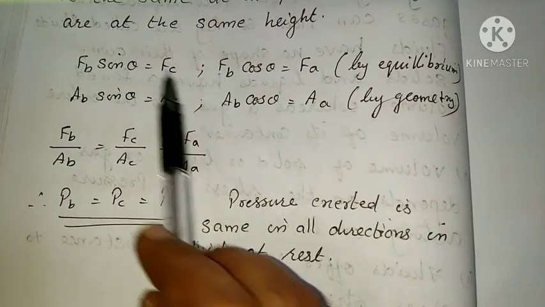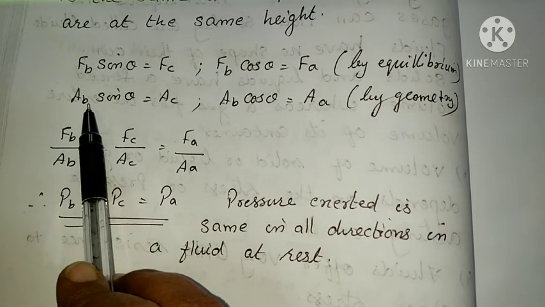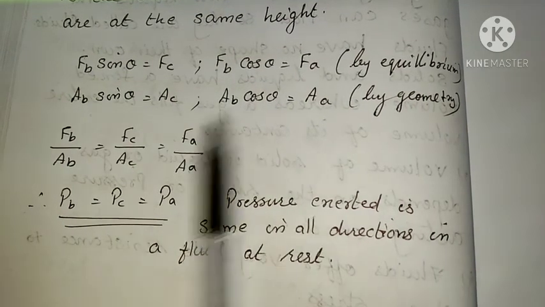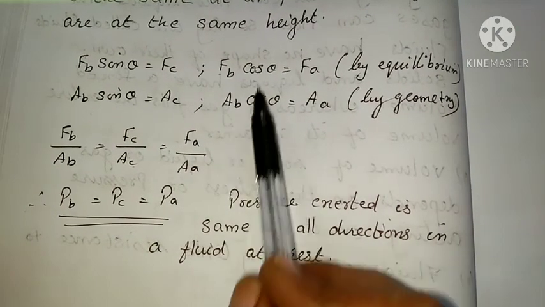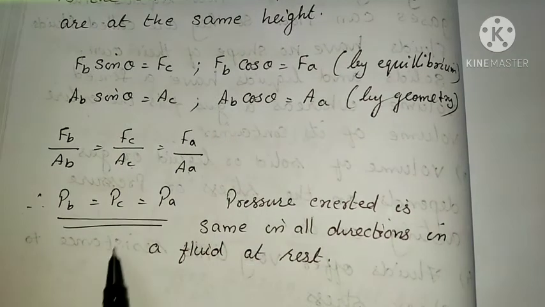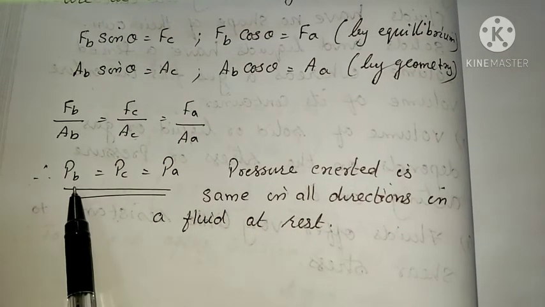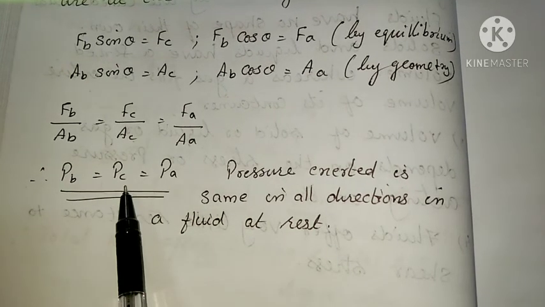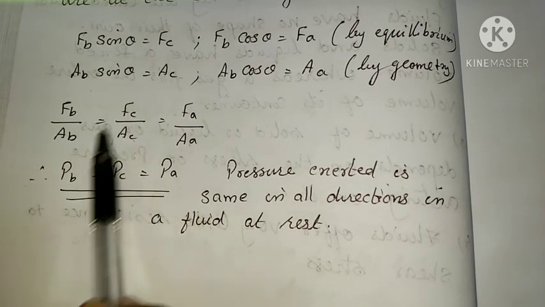So, from these equations, we can write FB by AB equal to FC by AC, which is also equal to FA by AA, because the cos thetas and sin thetas will cancel. So, what is FB by AB? That is equal to pressure. FC by AC is the pressure at side C and FA by AA is the pressure at side A. So, what does this prove?